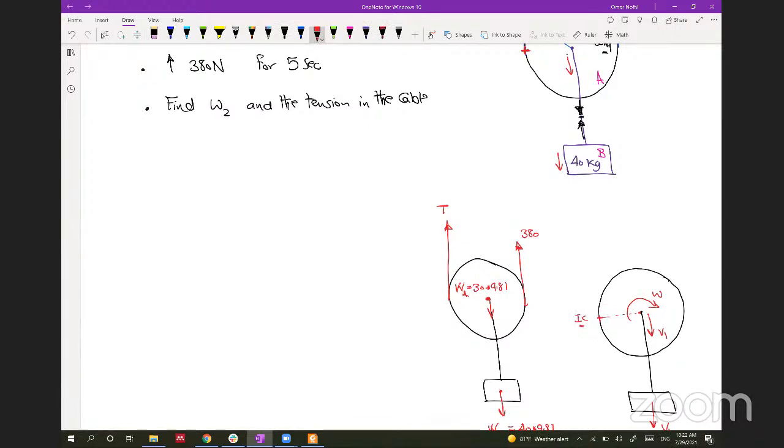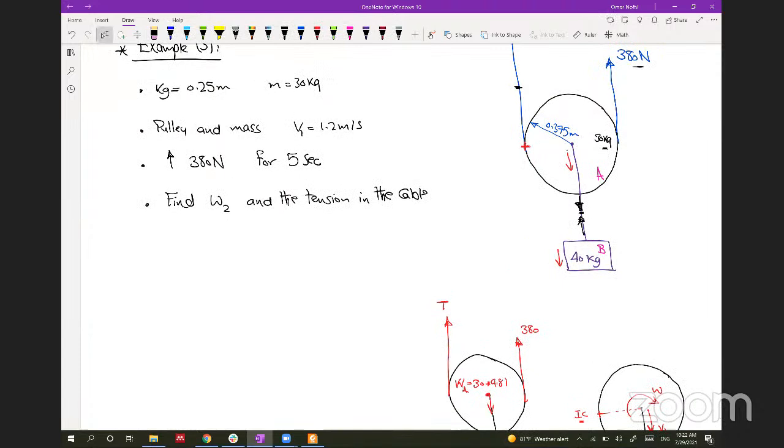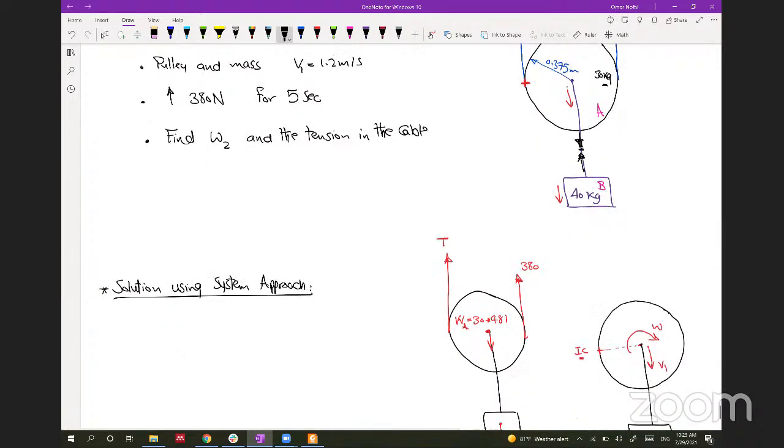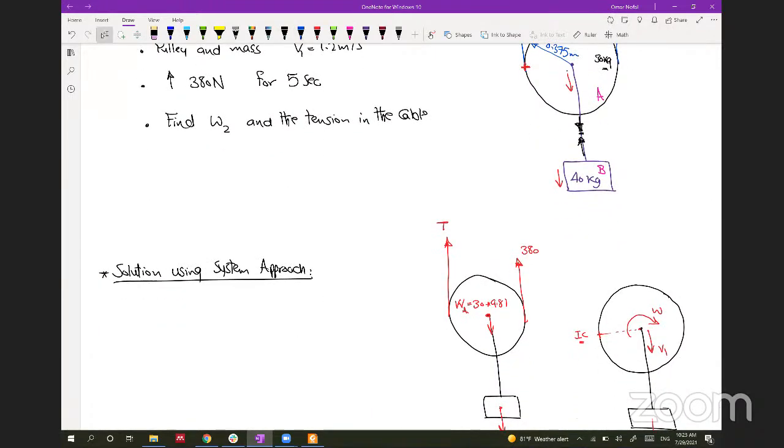Okay, so let's solve the system. Solution using the system approach. Okay, so let's just set up the equations that we need.